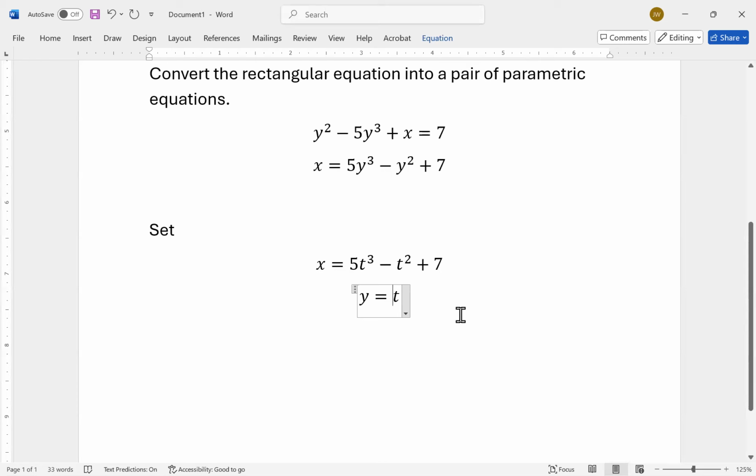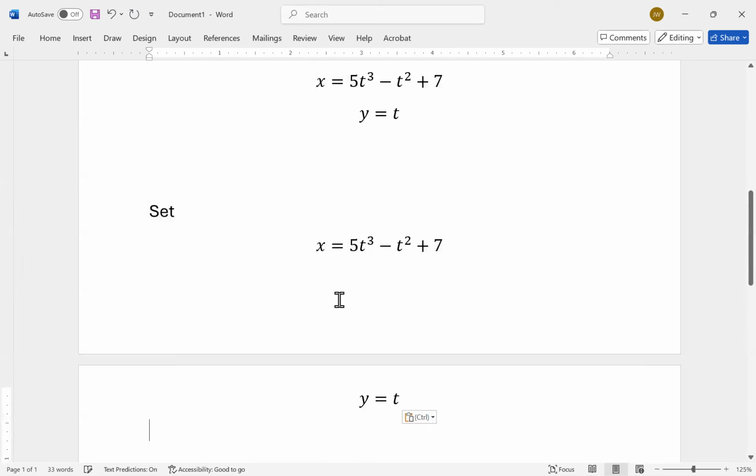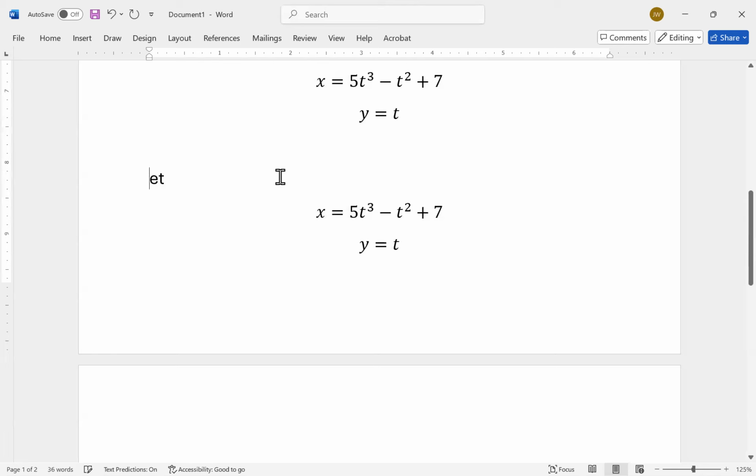although you do have to be careful about the domain in some cases. In some cases, we get all domains. So for instance, if I said y is equal to t to the third, actually, let me just do another one. Sorry.